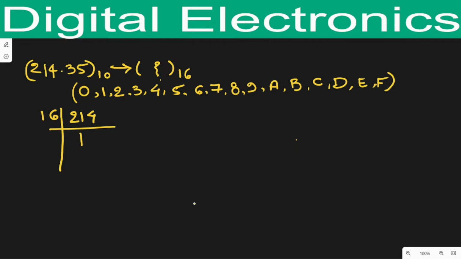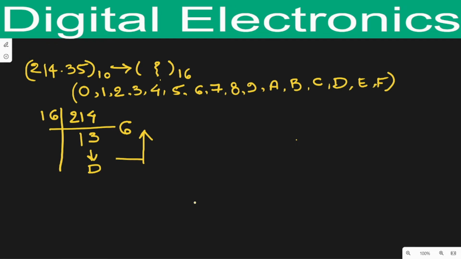So 13 times, and what do we get in the remainder? We get the remainder as 6. In the hexadecimal number system this 13 is represented by the alphabet D. Any integer part is represented in the other number system using the downward to upward approach.